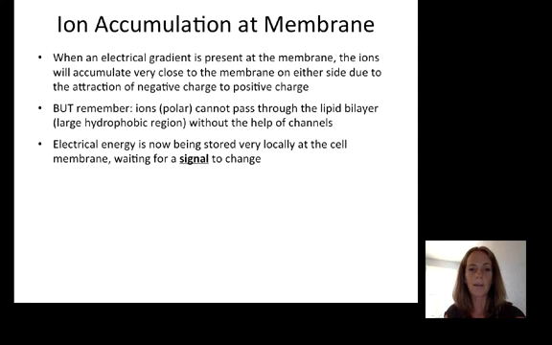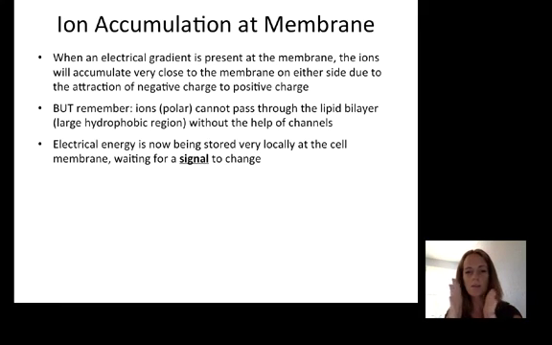So remember that ions, because they're polar, cannot pass through the lipid bilayer without the help of the channels, because the lipid bilayer has that large hydrophobic region that repels anything with charge, or repels anything that is polar. So the electrical energy is now technically being stored. It's building up at the membrane. It really wants to move.